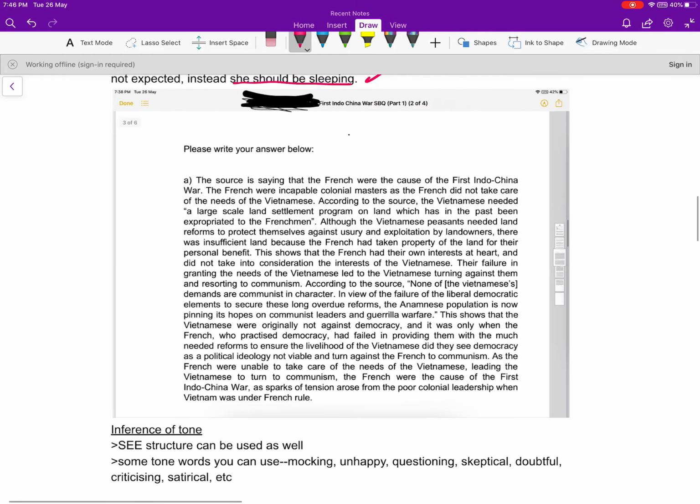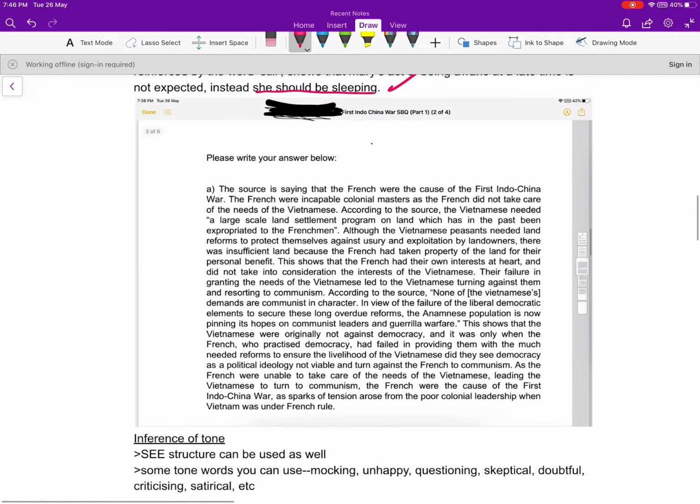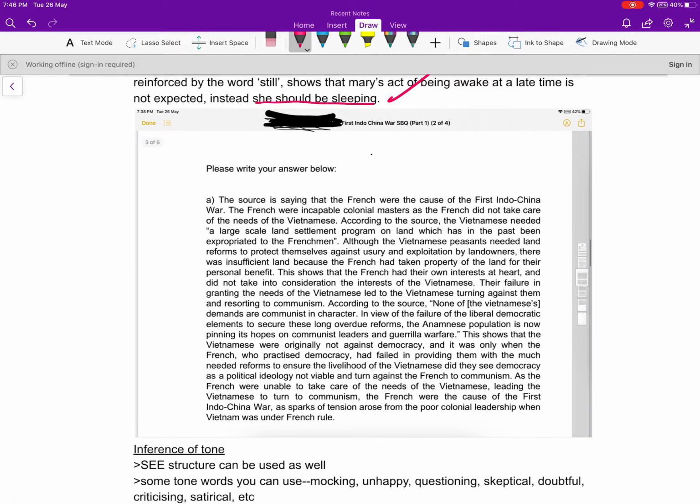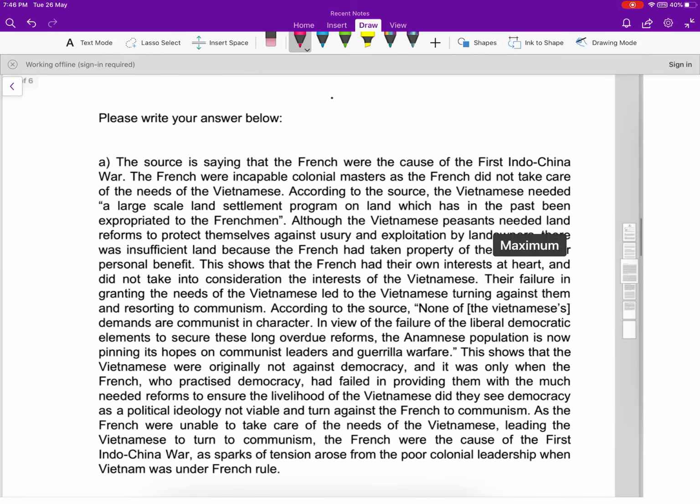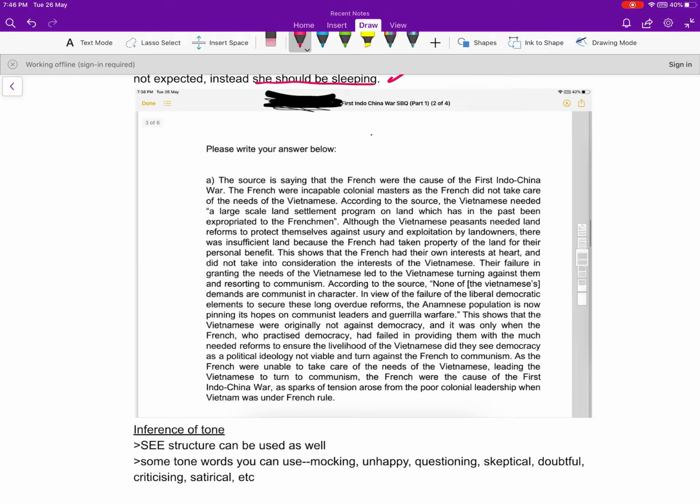Now here's a very short snippet that I wrote for the first Indochina War, which is like upper sec stuff. So this is the inference. And according to the source, blah blah blah, this is your evidence. So you're quoting from the source. Remember to quote unless it's a cartoon.